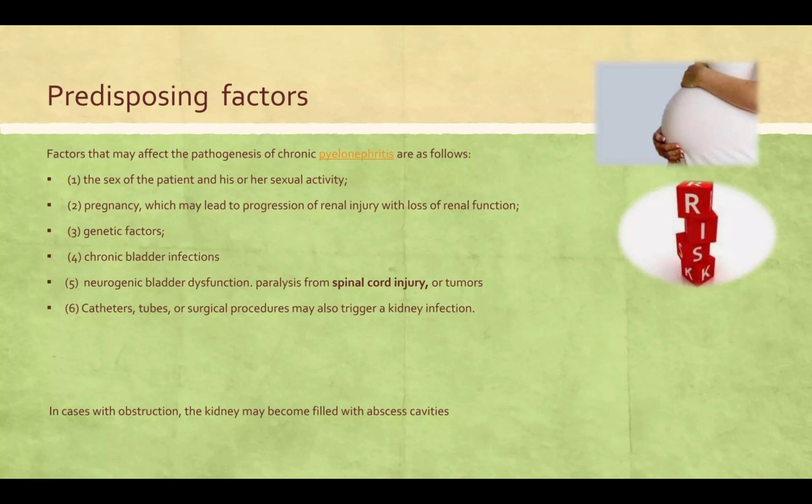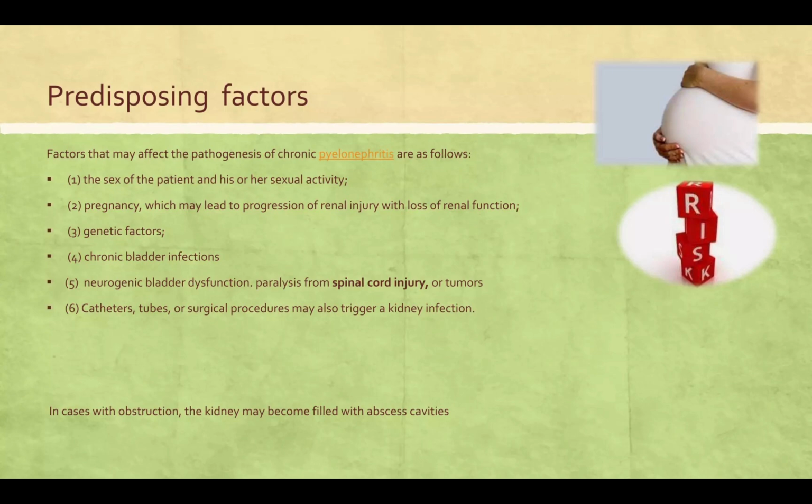The second is pregnancy, which may lead to progression of the renal injury with loss of renal function. Because of the pregnancy, the pelvic pressure will increase and it will lead to an increase in the pressure of the urinary bladder. Hence it is an important predisposing factor for chronic pyelonephritis.